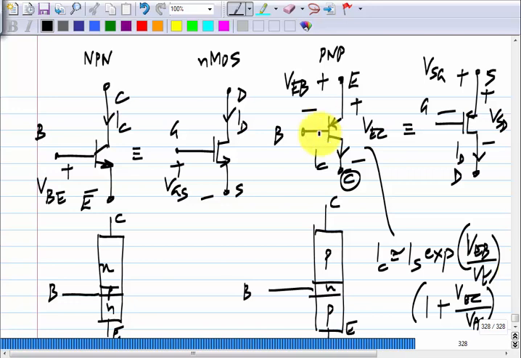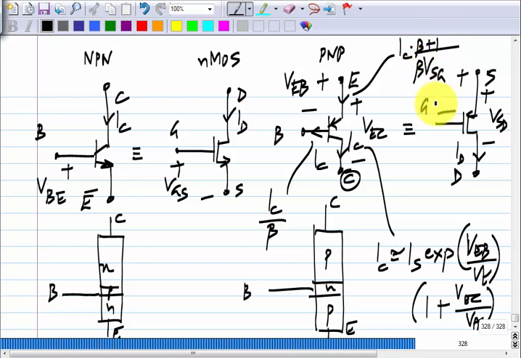Yeah, it will be outside. So, everything will be opposite. So, if this is IC, this current will be IC by beta, and this current will be IC times beta plus 1 by beta. So, in case of NPN transistors, I think you know this.